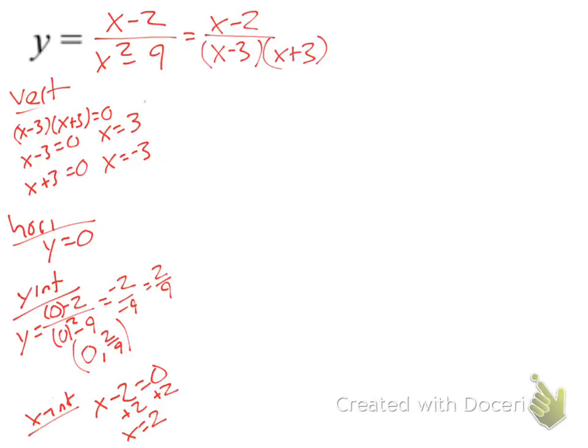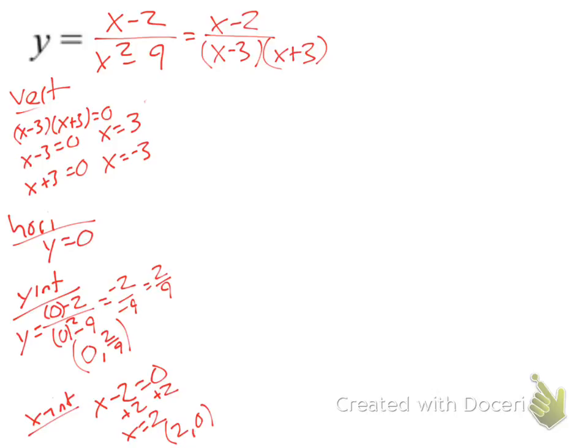It's an x-intercept at 2, which is 2 comma 0. Because I don't want to get this mixed up with that. Vertical asymptotes, x-intercepts, not good to get mixed up.